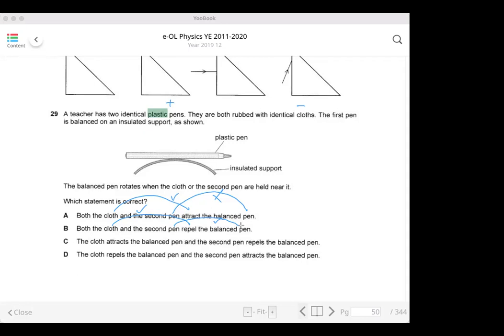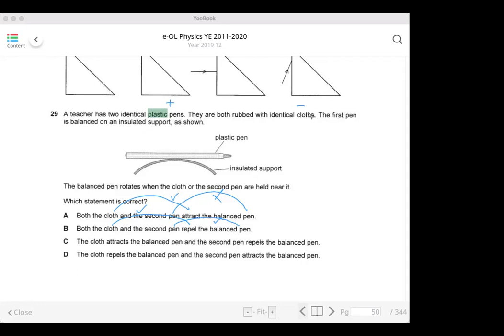Is that clear? Okay, for this question, there's no need for you to remember whether the cloth becomes positive or the pen becomes negative. We can just assume, because I also cannot remember. So you just need to assume that the pen is positive, but you can also assume the pen is negative, then the cloth will be the opposite charge. Okay, that is charging by friction.